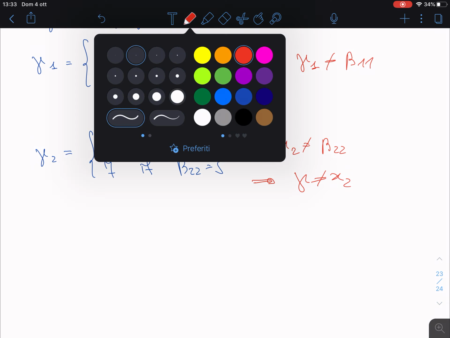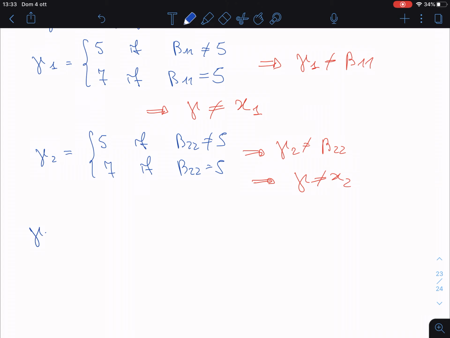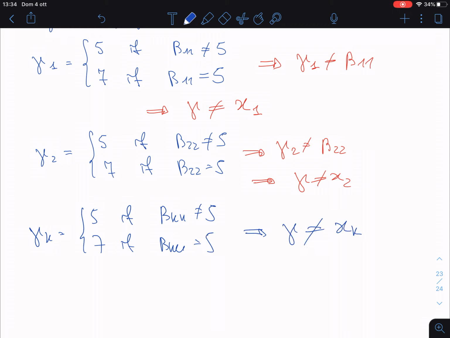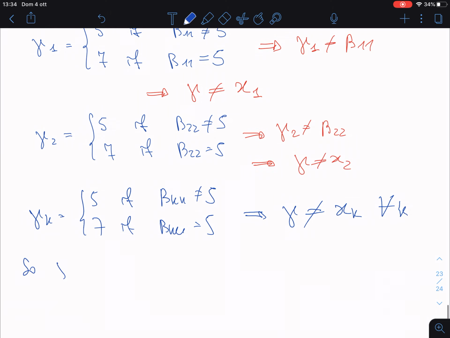So in general, we have gamma k is equal to 5 if beta kk is different from 5, 7 if beta kk is equal to 5. So gamma will be different from xk for every k. So gamma is not in the list. But it is a real number because of its structure.